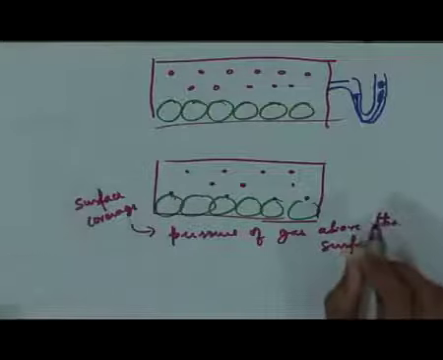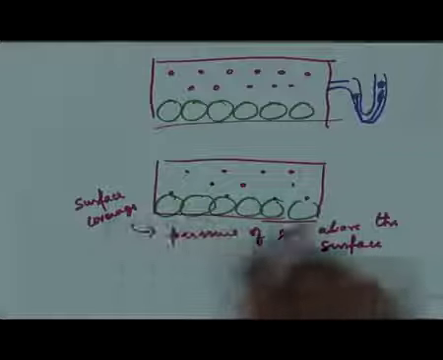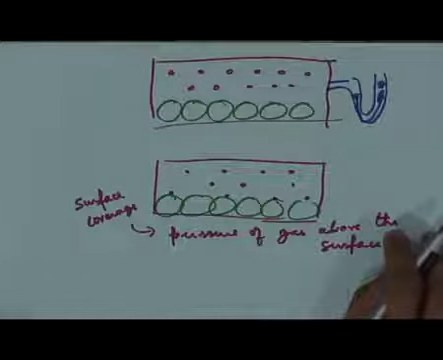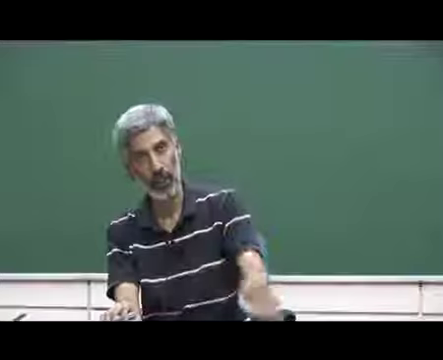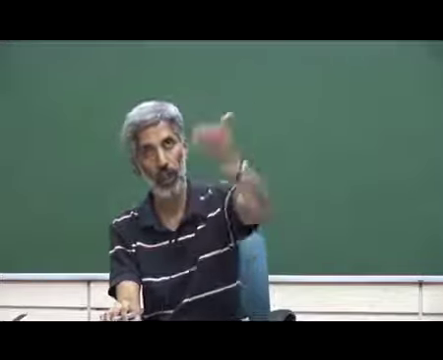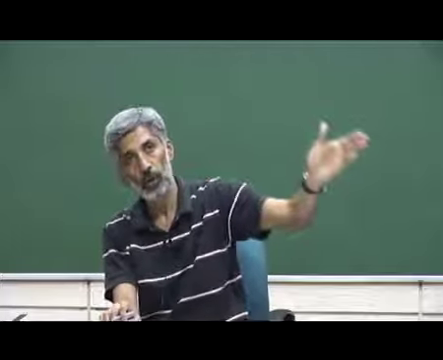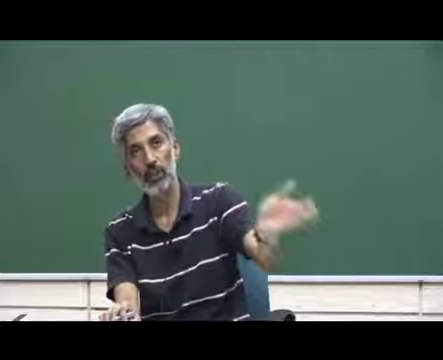So, in the next class we will look at the surface coverage as a function of the gas pressure. If you have a solid-gas interface, then it is the pressure on top of it. If you have a liquid on top of a solid, then it will be the concentration of the liquid which is on top. So, we will relate the surface coverage to the pressure or the concentration.